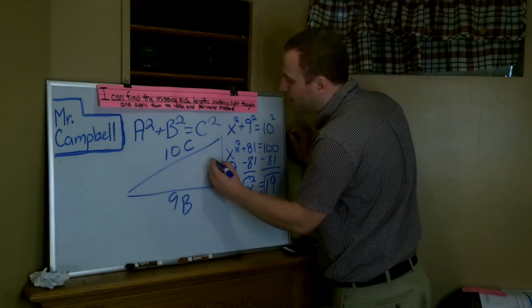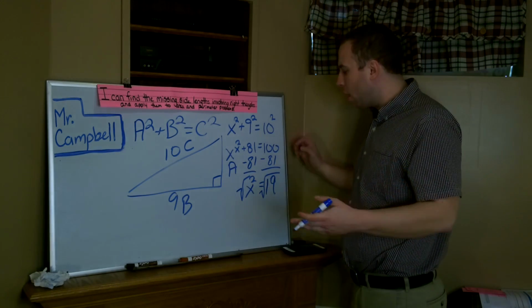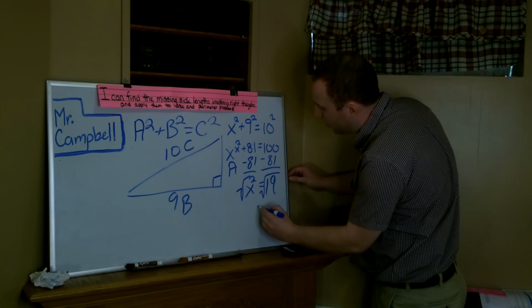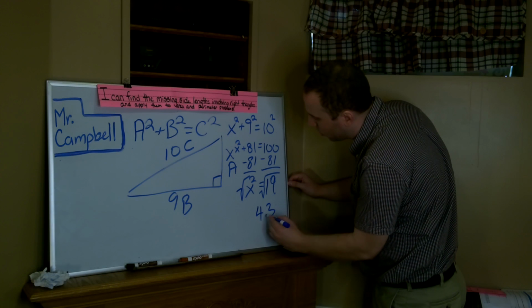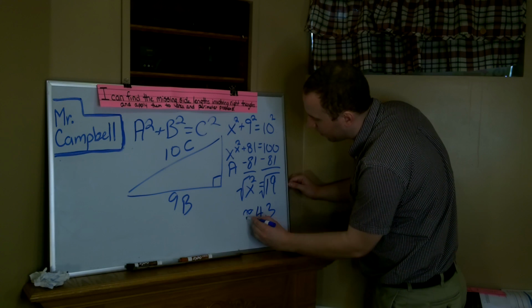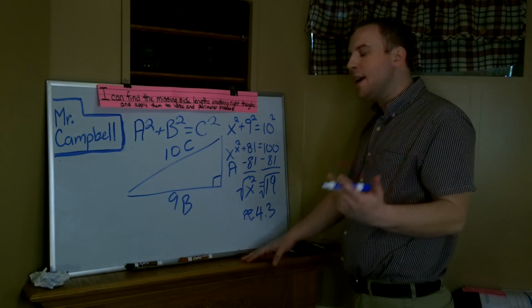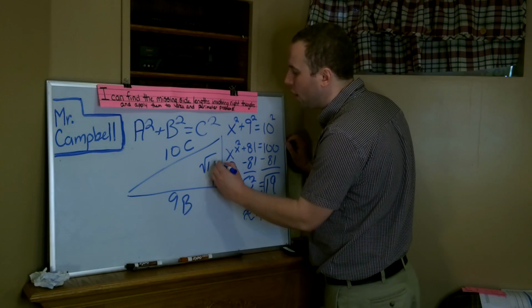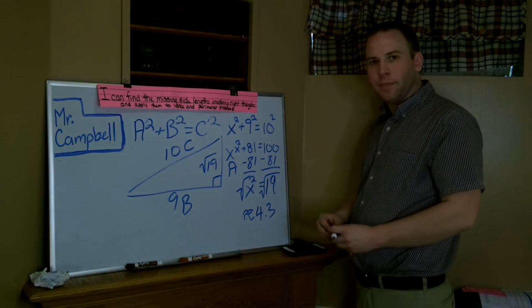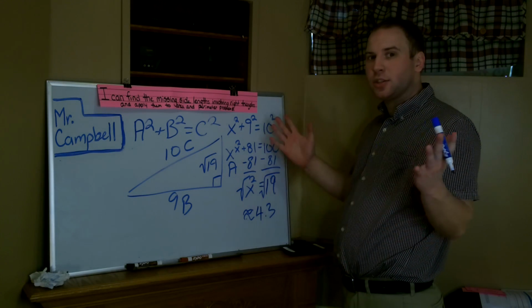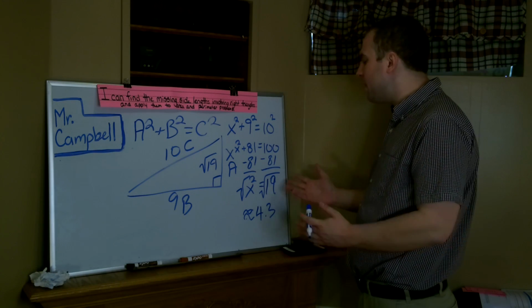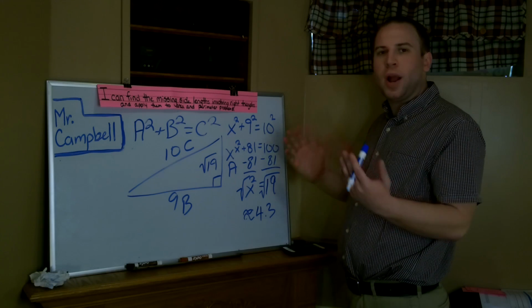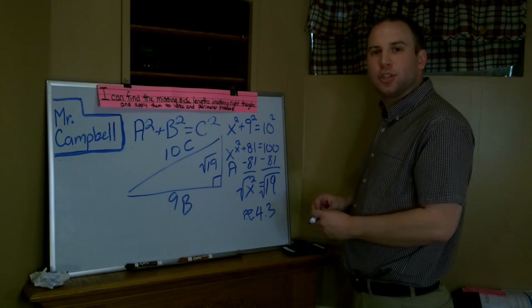If we were to round it, we would end up with about 4.3. But for the sake of cleaning up our math, we can make x just the square root of 19. So our answer would be just the square root of 19, because we don't want to have to round or approximate this answer.